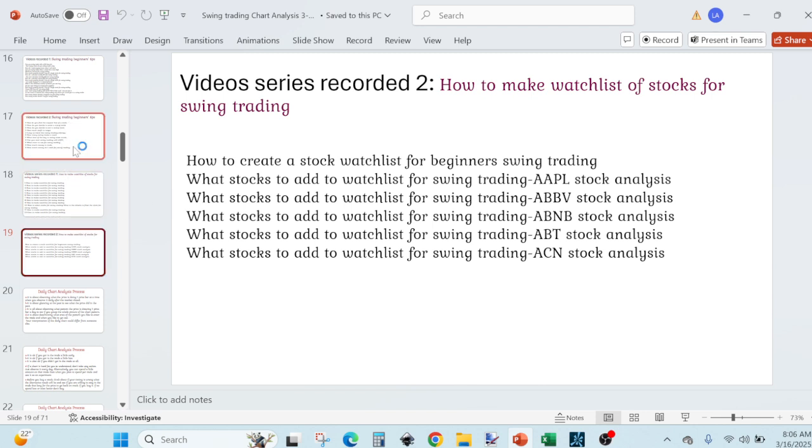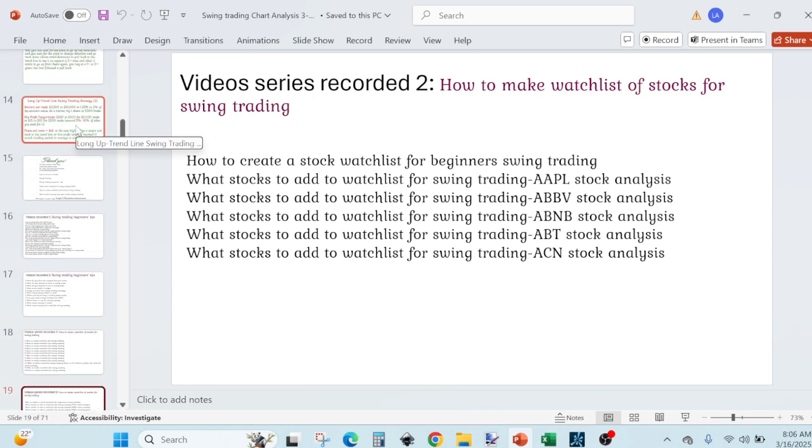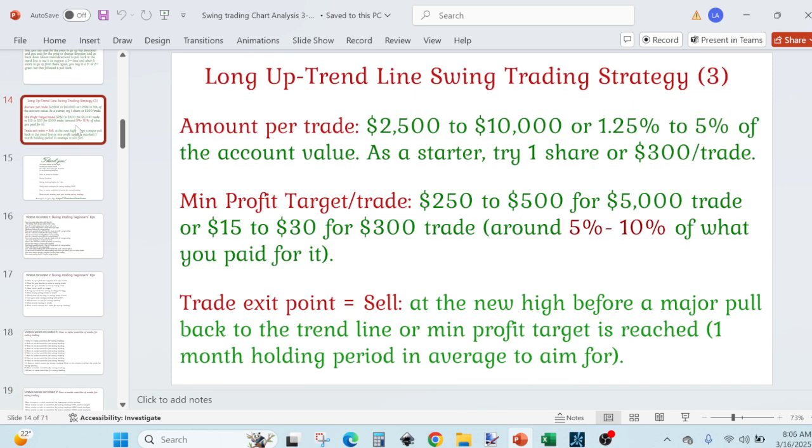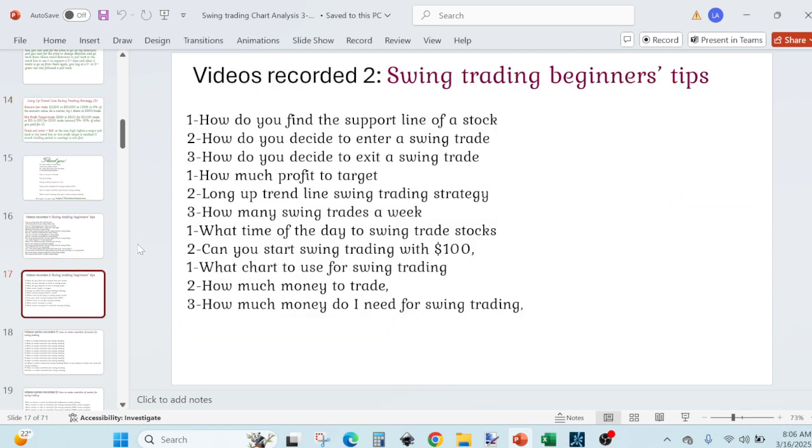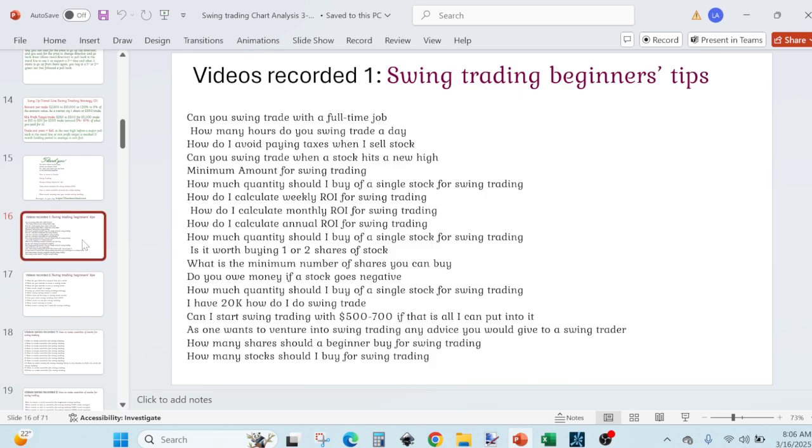But everything is going to be in some way related to the strategy we are using, the long option swing trading strategy. And I do have videos that I will be publishing that are related to the short option swing trading strategy as well.